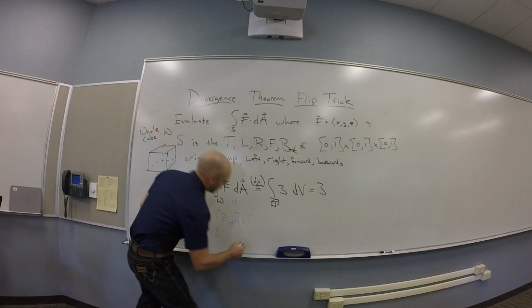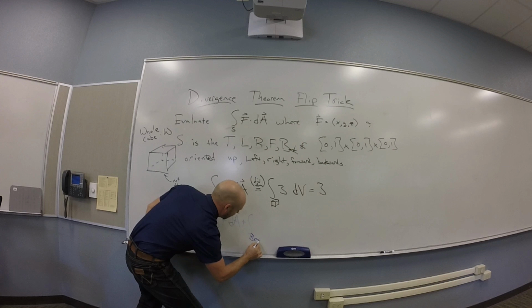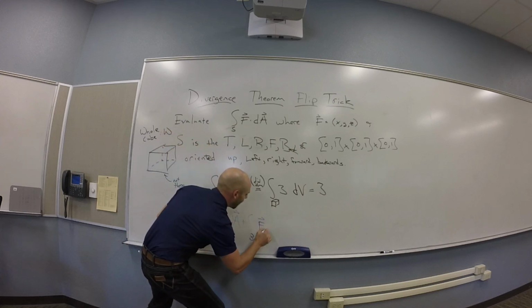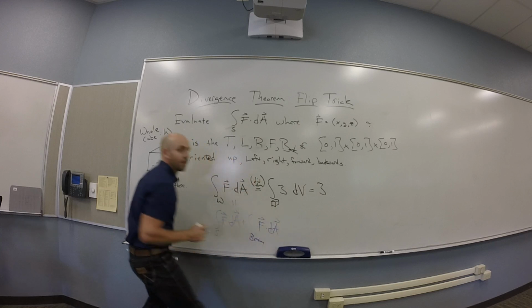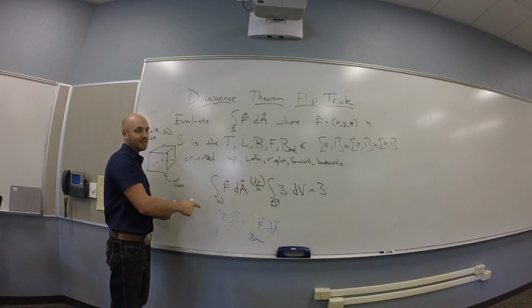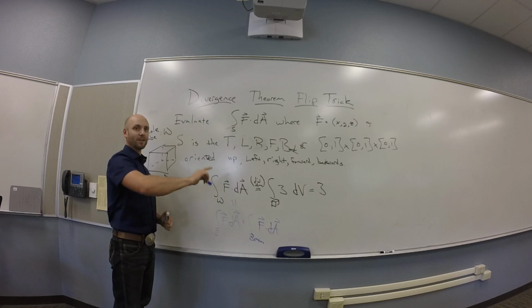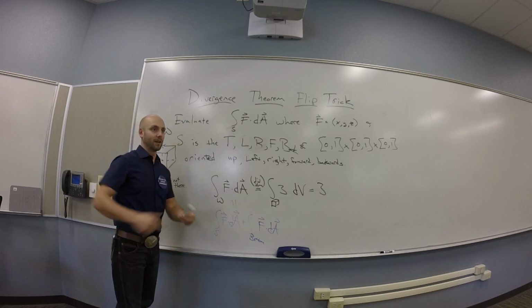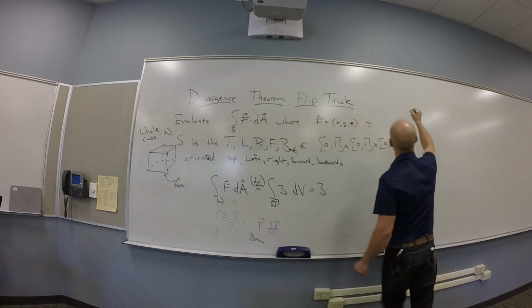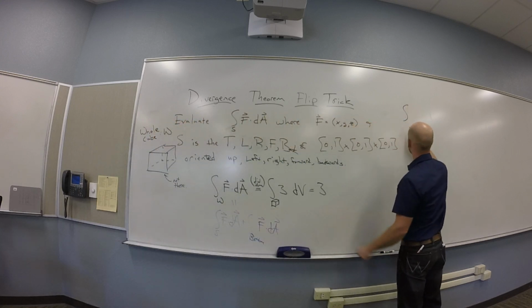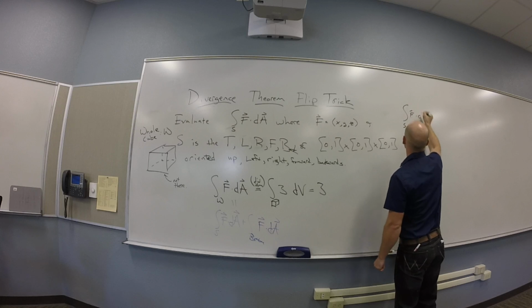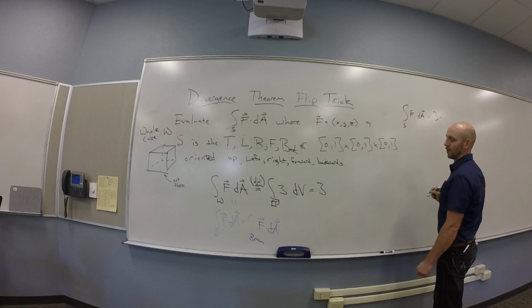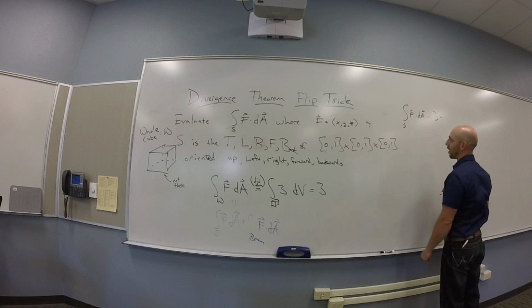Oh my gosh, every time you get so close. So instead of parameterizing 5 of these suckers, I can parameterize 1 and then subtract it from 3. So the flux I wanted is 3 minus the integral on the bottom.